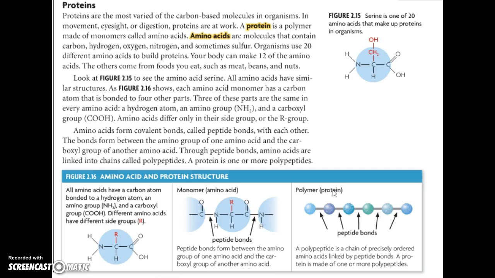Alright, so we're going to recap on this, and this is where you're going to want to have something to write with. For starters, we're looking at macromolecules, and in this case, we are looking at proteins. Proteins is one of the macromolecules. So what are some things we need to know?